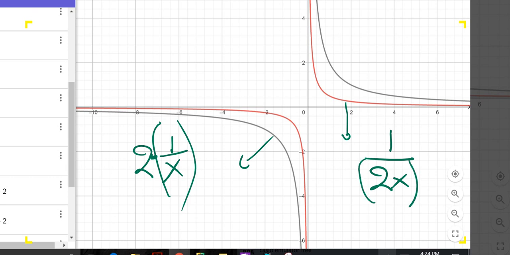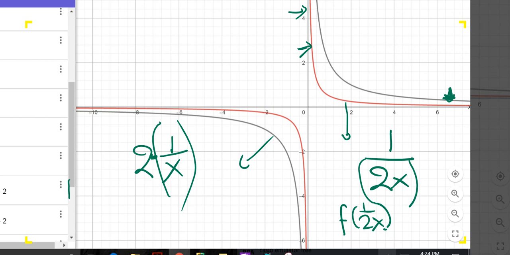This is multiplying only the x. I hope you understand what I'm talking about. This is f of 2x, 1 over 2x. This one is approaching more this axis. The gray one was approaching the x-axis. The red one is approaching the y-axis.